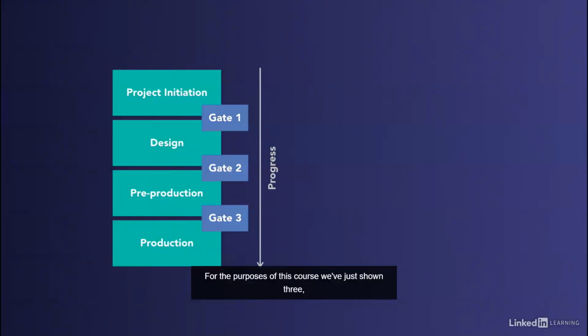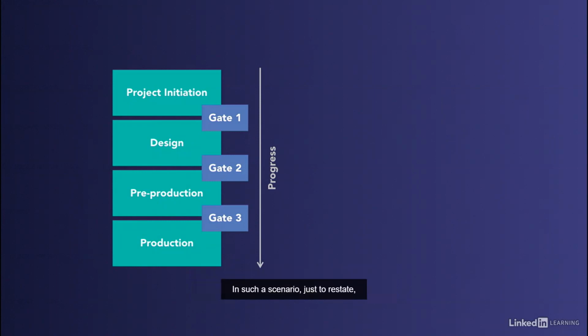For the purposes of this course, we've just shown 3, but of course there could be as many as you would use in your normal new product development process. In such a scenario, just to restate, it'd be very common to see time progressing from top to bottom as the project progresses through the stages and the gates moving along.